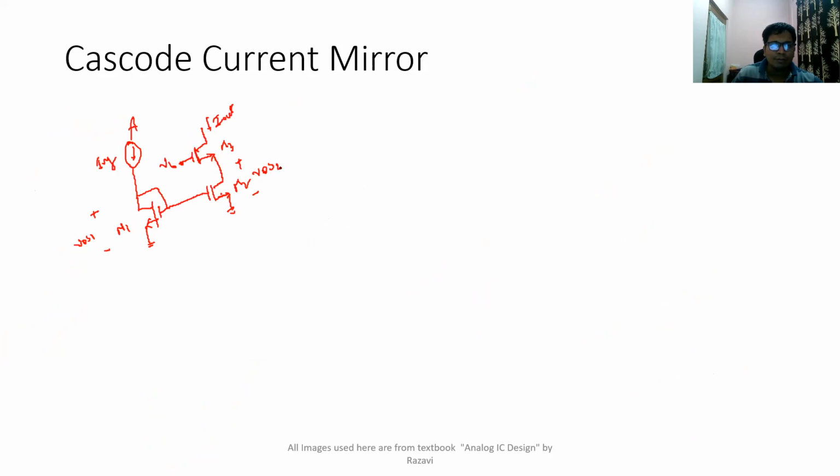We want to make VDS1 equal to VDS2. How are we going to do that?